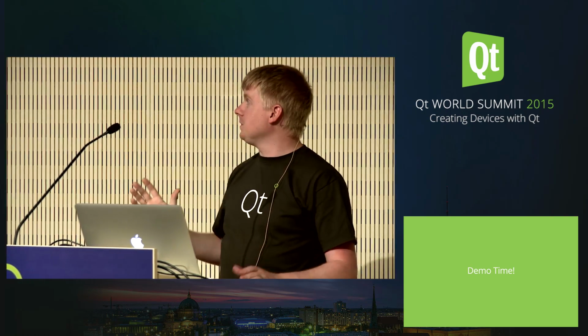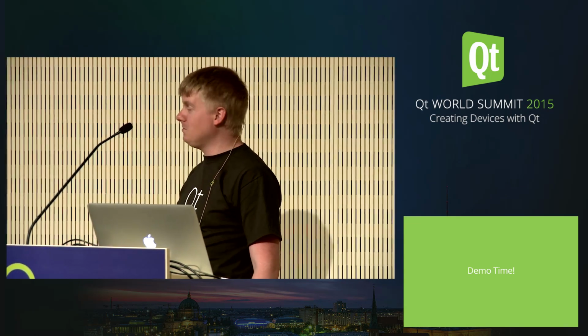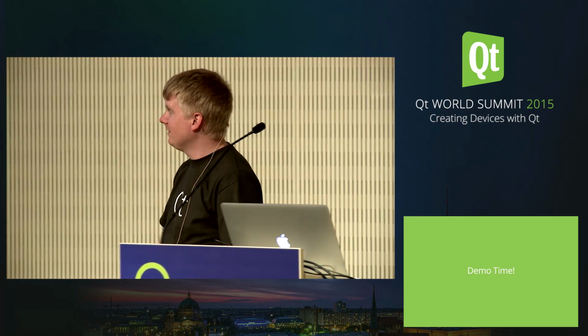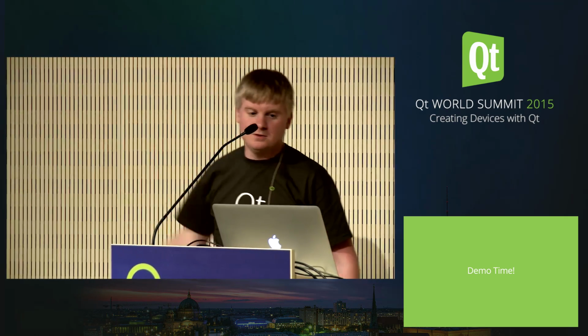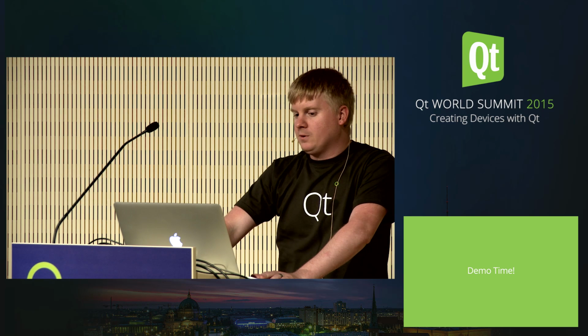So if you're building for an embedded device, these are the configure variables that you actually need to be worried about. The first one is one you're going to recognize because you're probably already using it: prefix. In the case of an embedded device, this is the target folder that you intend to be deploying to. So in this case, /usr/local, if that's where you want to install your Qt libraries. Then you have the ext prefix, which stands for external prefix.